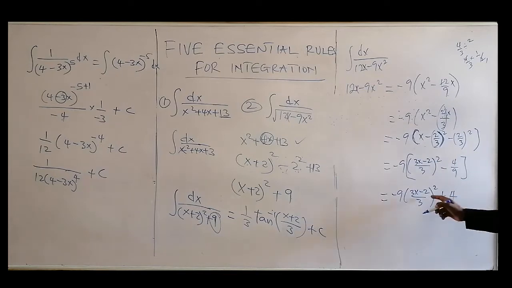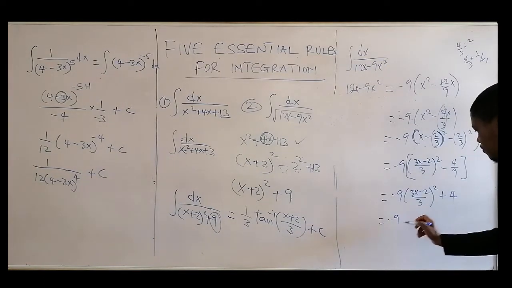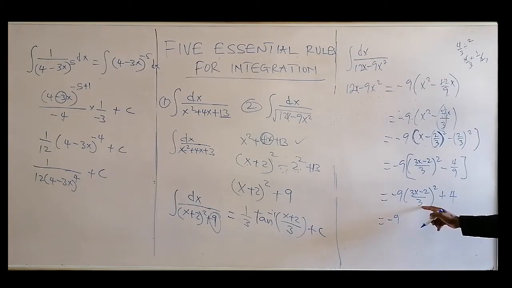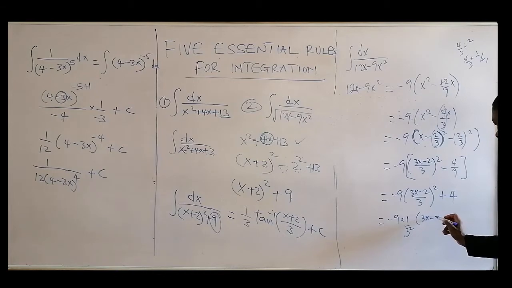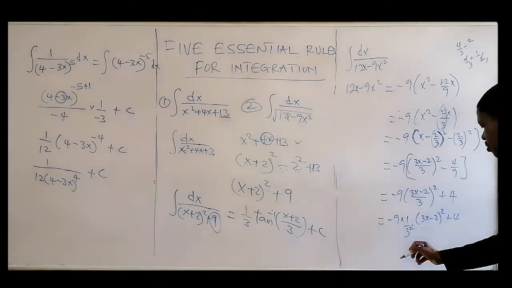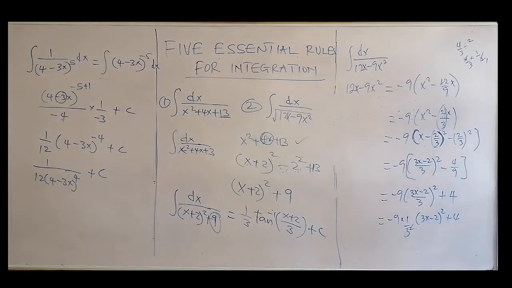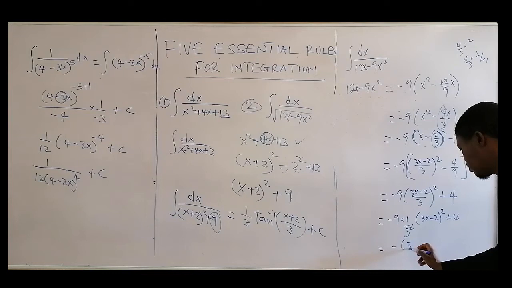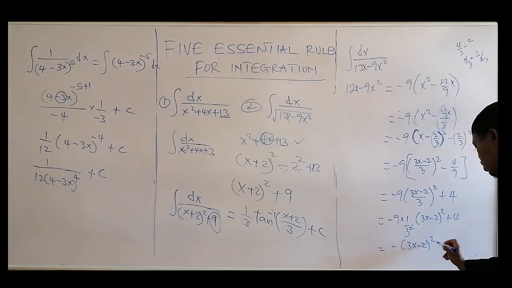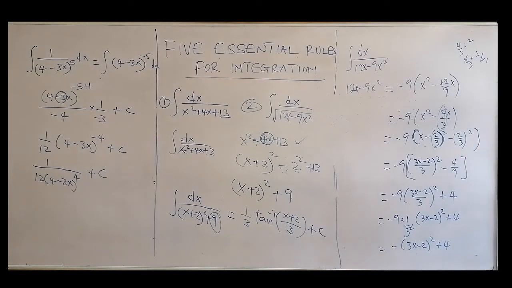We can also take this 3 at the bottom out, times 1 over 3 squared into bracket (3x minus 2) squared plus 4. So this will cancel out, and I have minus into bracket (3x minus 2) squared plus 4.